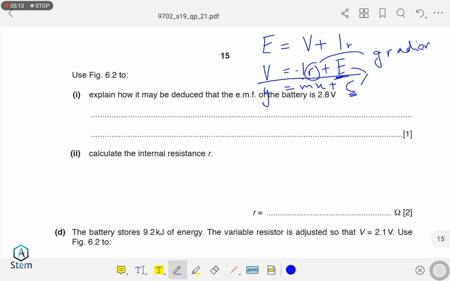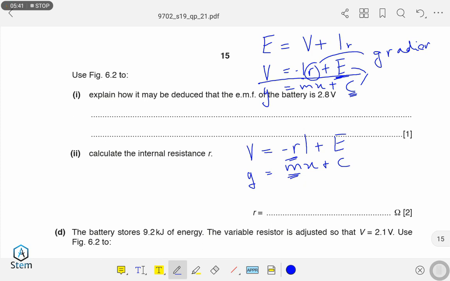I think it would be clearer if I had written my equation as V is equal to minus rI plus E. This makes it even more clear. Now we can really equate to mx plus c. So this r is actually equivalent to the gradient of our straight line.